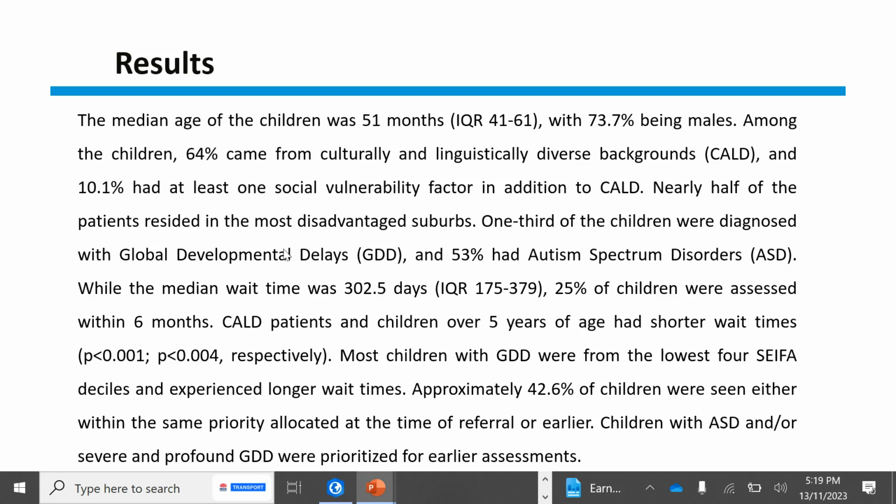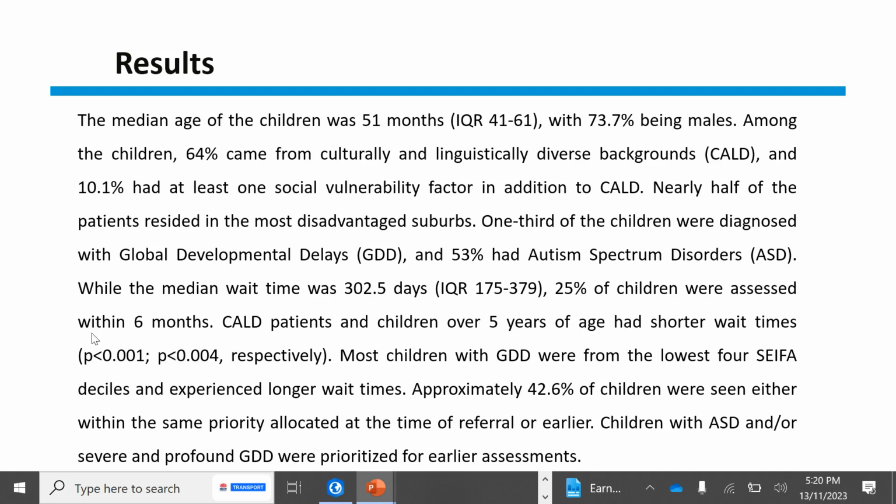Nearly half of the patients resided in the most disadvantaged suburbs, which we measured using the SEIFA index. I'll show this in some of the maps in the next few slides. One third of the children were diagnosed with global developmental delay, or GDD, and 50% had autism spectrum disorder, or ASD, while the median wait time was over 300 days, which is quite significant.